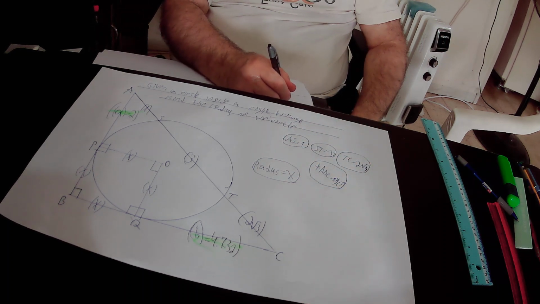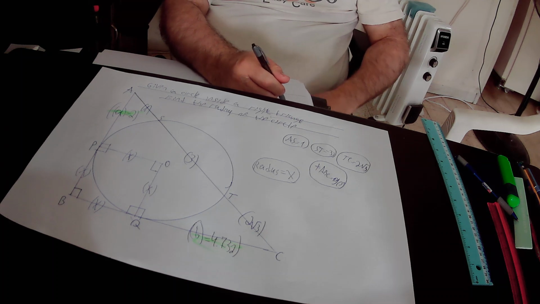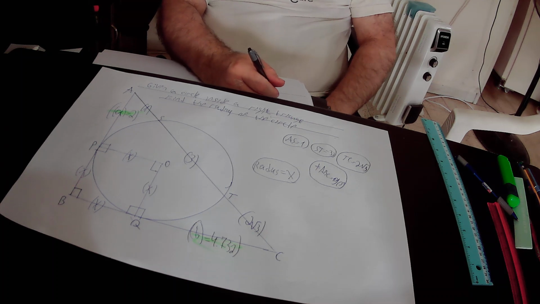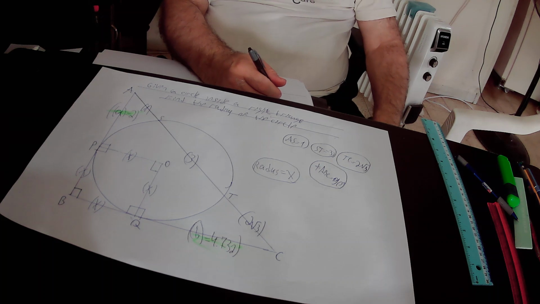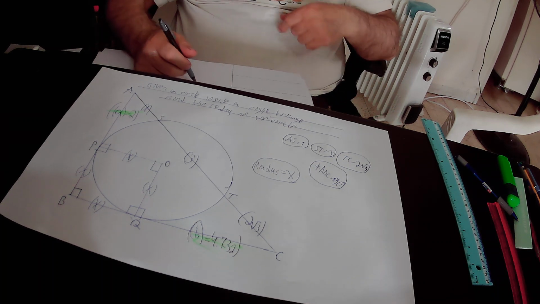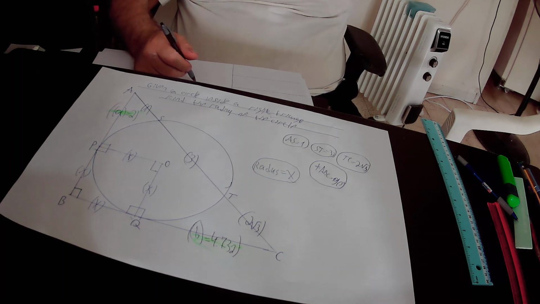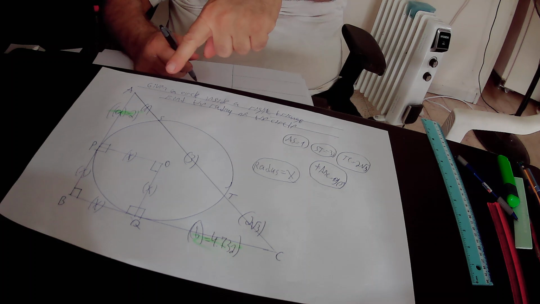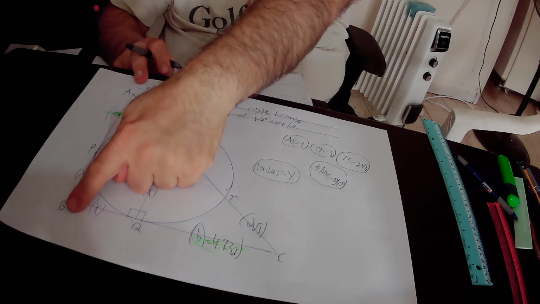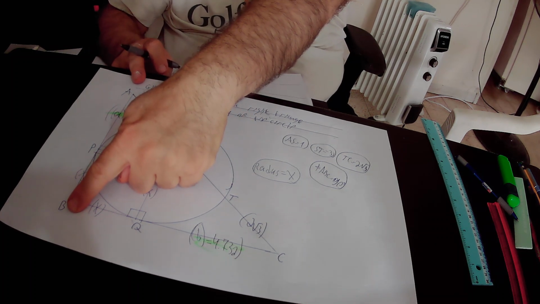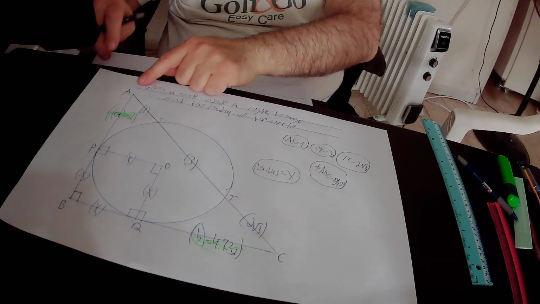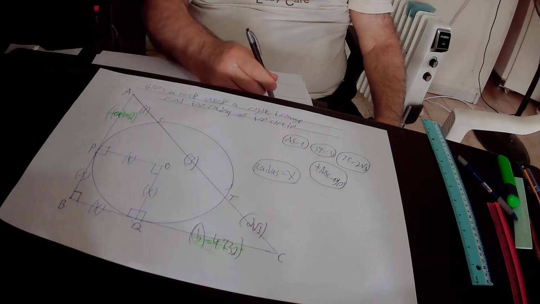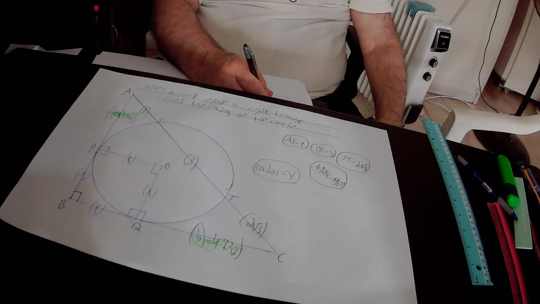Therefore AC squared will be equal to 4 plus 2 times square root of 3 squared, and it equals AB squared. AB equals x plus 2. Therefore, AB squared equals x plus 2 squared.